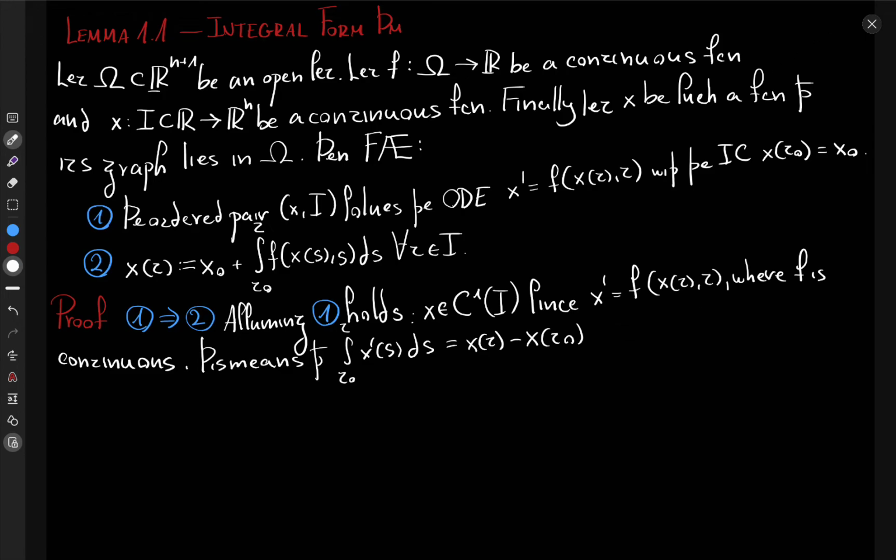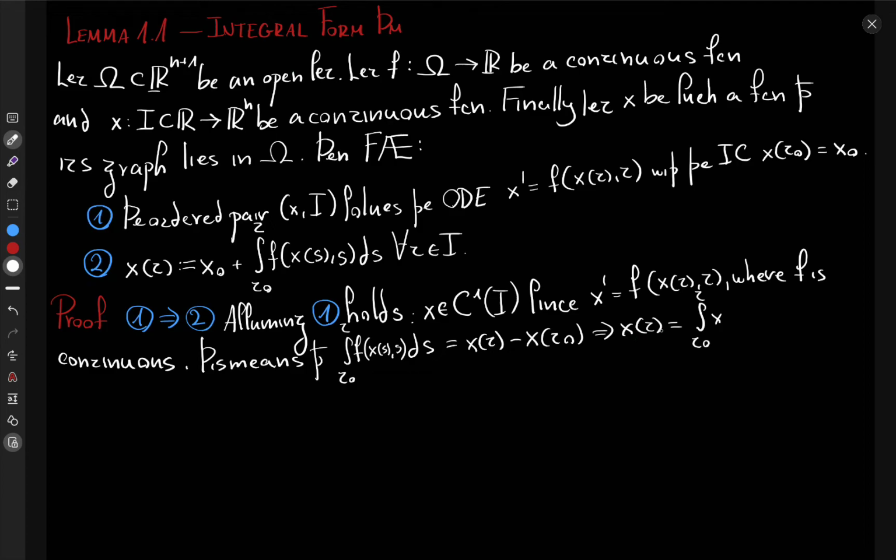Now, and as such, simply moving terms around, we get that x of t is equal to the integral from t0 to t of, oh, pardon me, here of course there's supposed to be f of x of s.